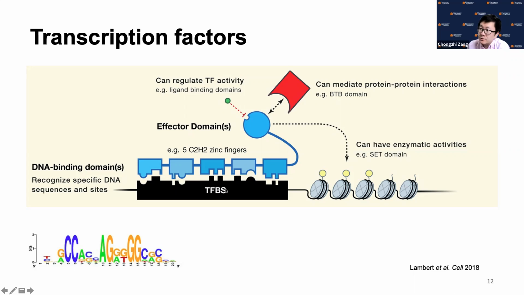For each transcription factor, they usually recognize a specific type of DNA sequence. And the DNA sequence that a transcription factor recognizes can usually be represented by such a sequence logo, which I will mention a little more later. It shows the frequency, or likelihood, of having certain bases at certain positions along the DNA sequence, representing their specificity and their ability to interact with the DNA binding domains.